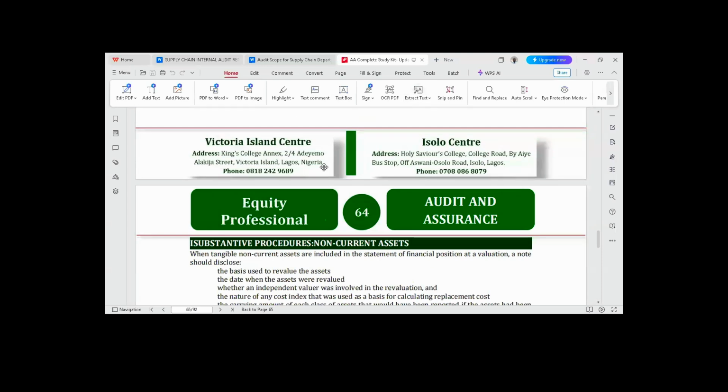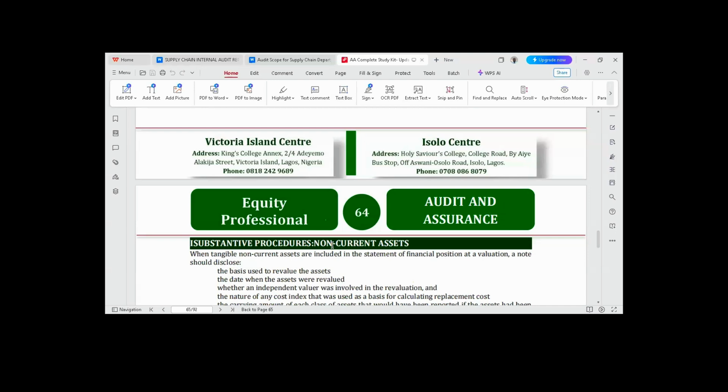Okay. So let's go to another aspect. I've introduced substantive procedures. A substantive procedure cuts across every aspect of the financial statement. So the first one we are going to look at is substantive procedure as it affects non-current assets.